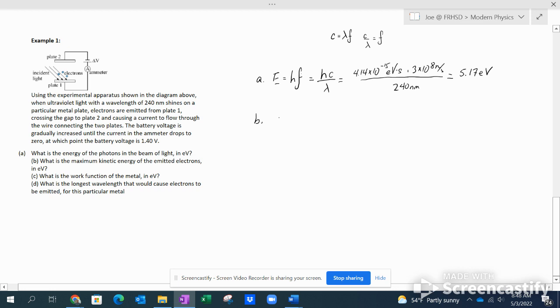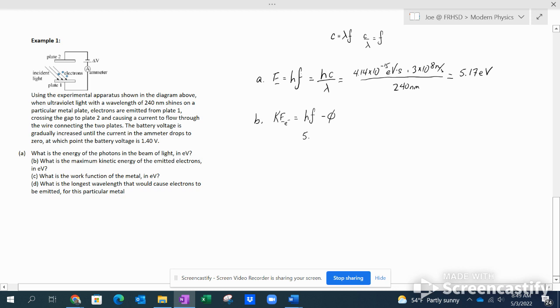So what is the maximum kinetic energy of the emitted electrons? To figure that out, the kinetic energy of the electrons will equal the energy of the incoming light, which is what we just calculated, the 5.17, minus the work function.